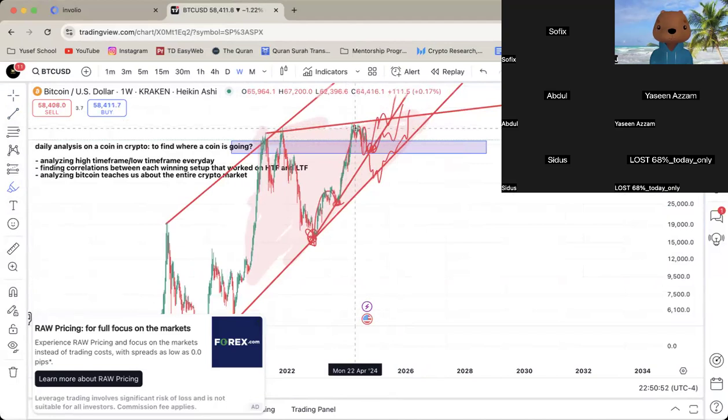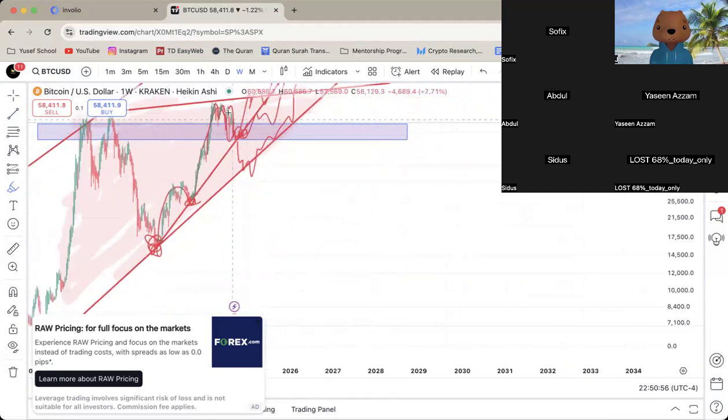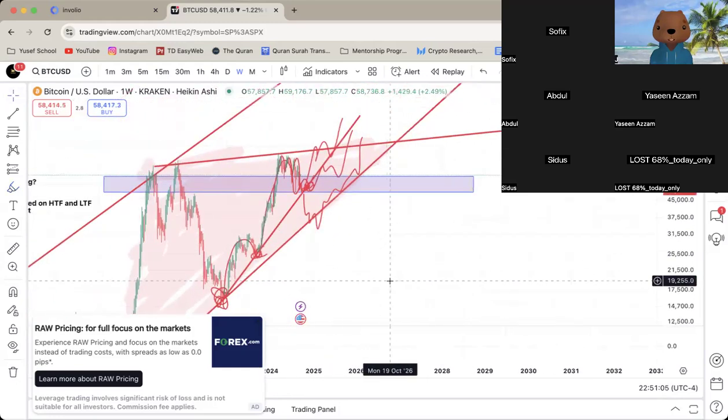So now the last thing that is relative to the price that we're in right now is that there was a bounce off the what? Off the top trend line. Okay, let's write that down.